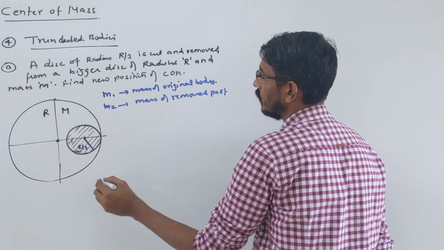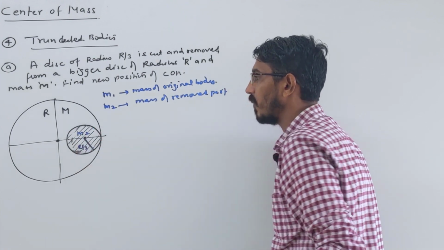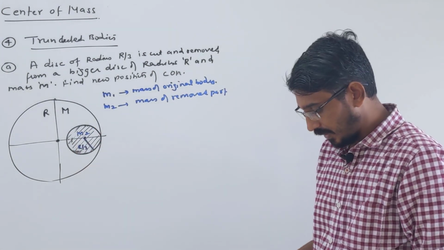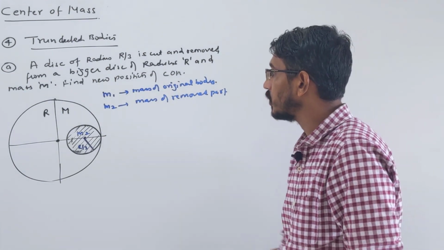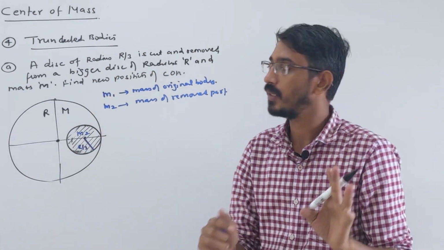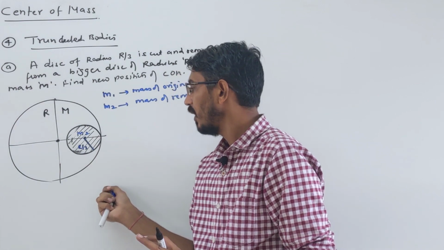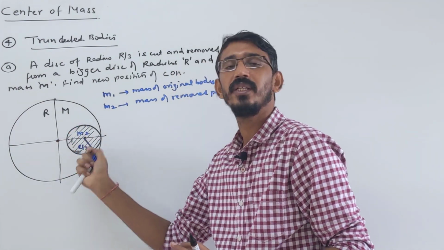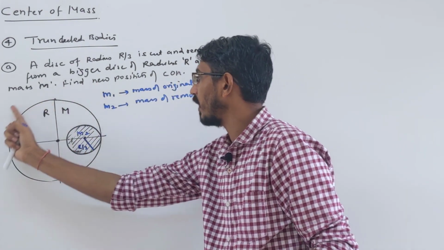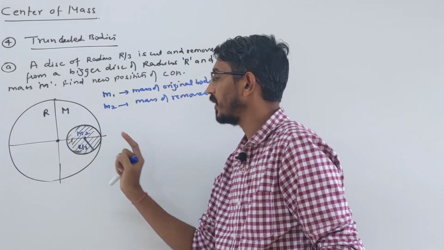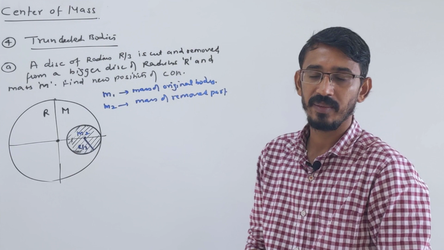Now what is the first step here? Always first you have to find the mass. Either the mass of the complete body is given or the mass of the removed part is given, and the other you have to find. Here the mass of the complete body is given as m, so first you have to calculate the mass of the removed part, m2.